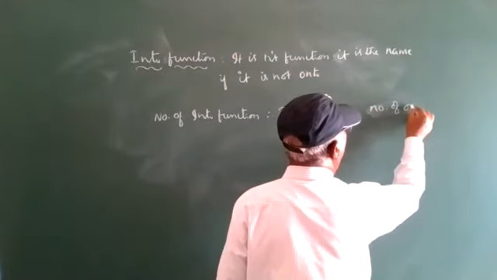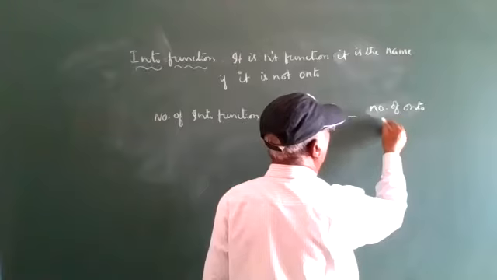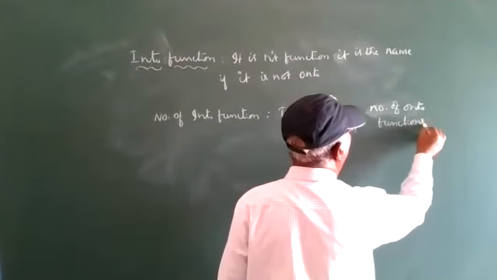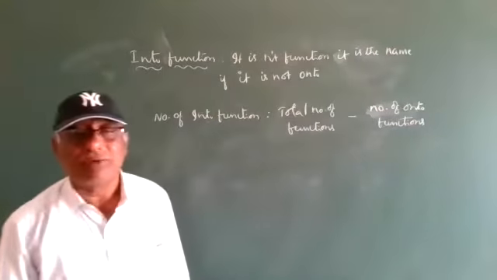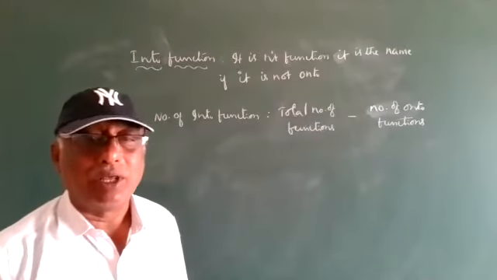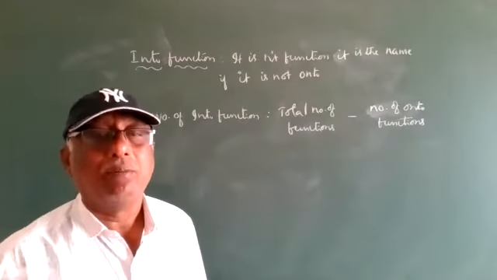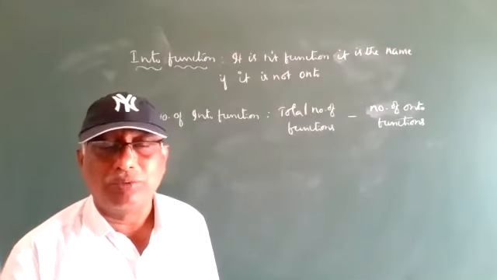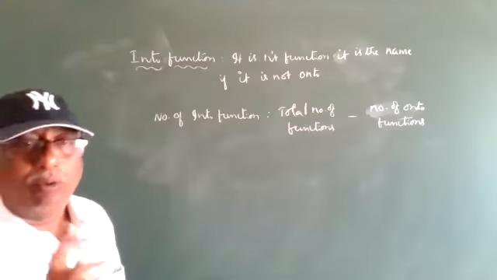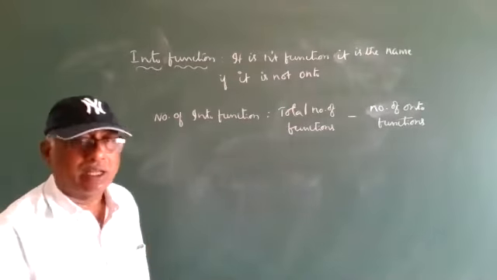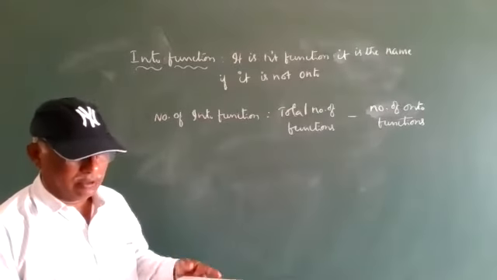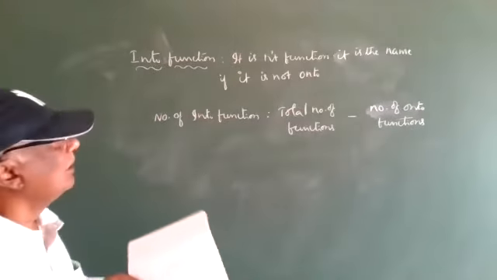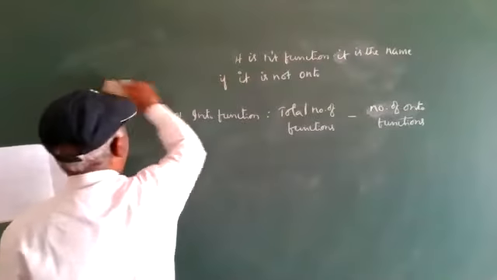In into functions there are no onto functions, but we have other functions. It is only a name, not a function. Now we go on, so everyone see, I will write one question.